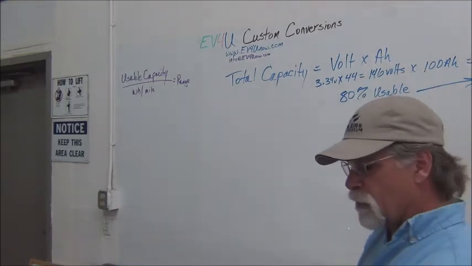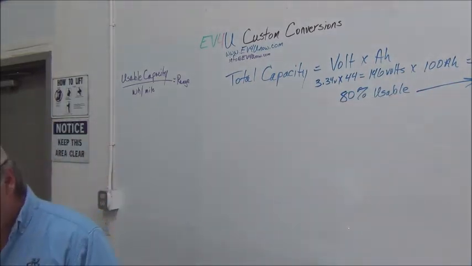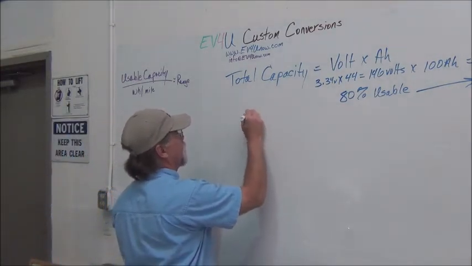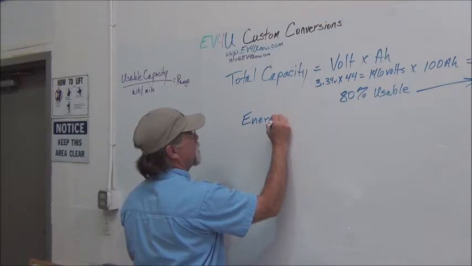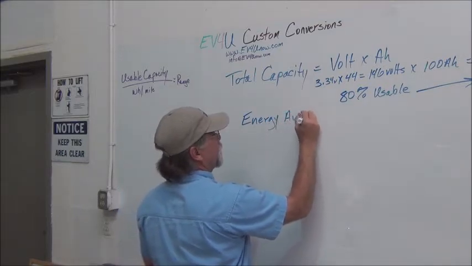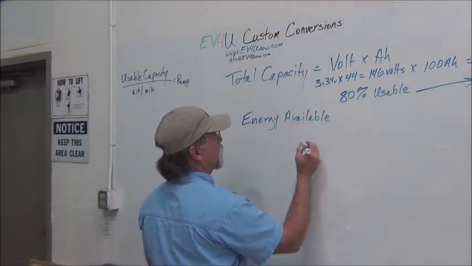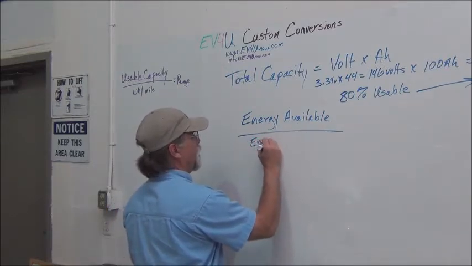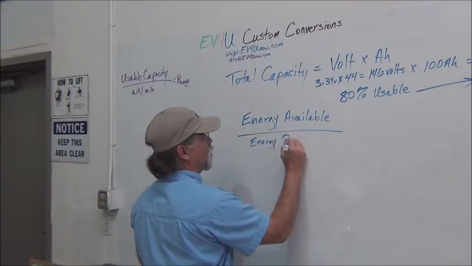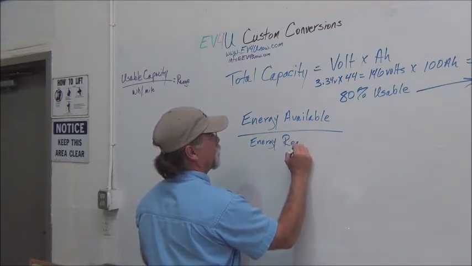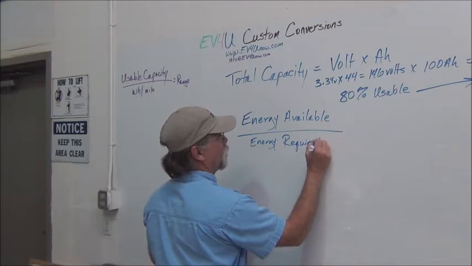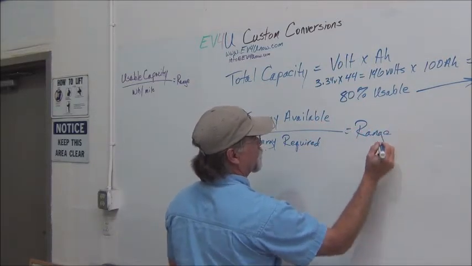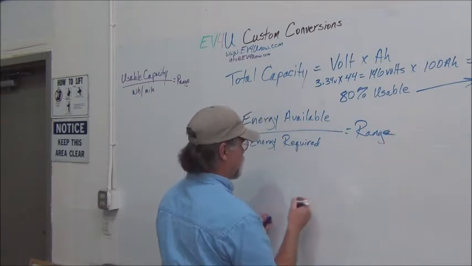Basically, what we're doing here is we're determining the energy available over the energy required. That's going to equal our range. Spelling this out a few different ways for you so that it clicks.